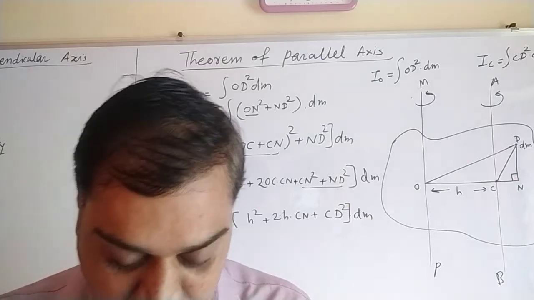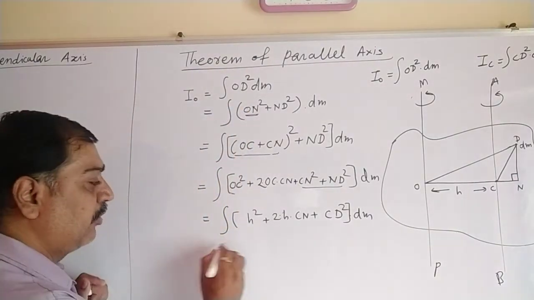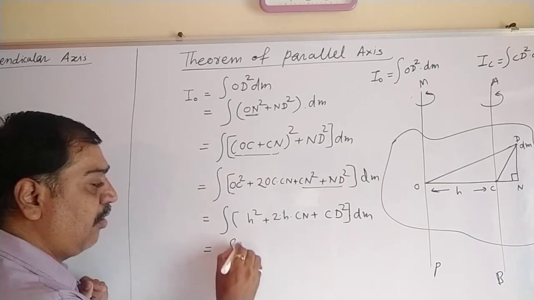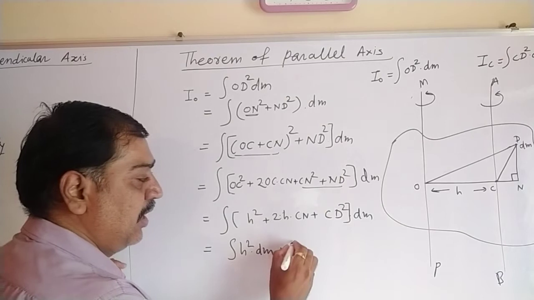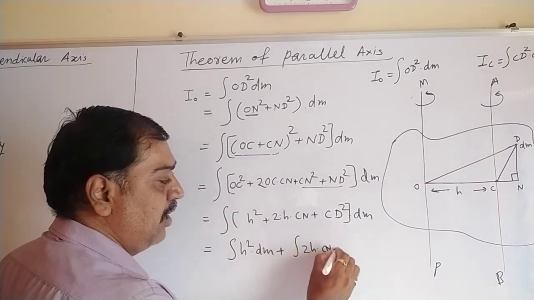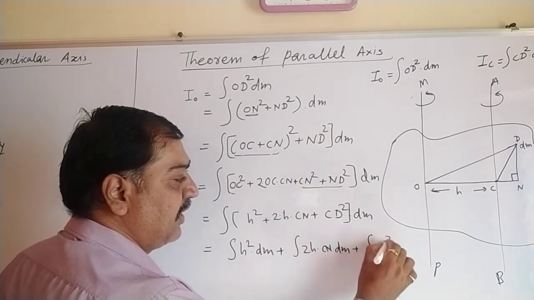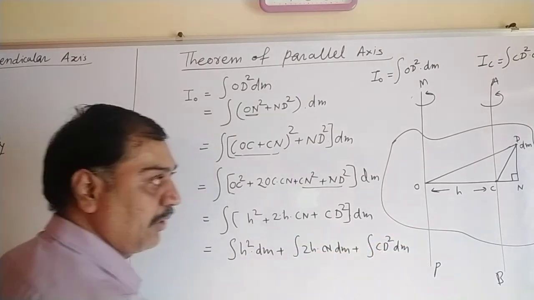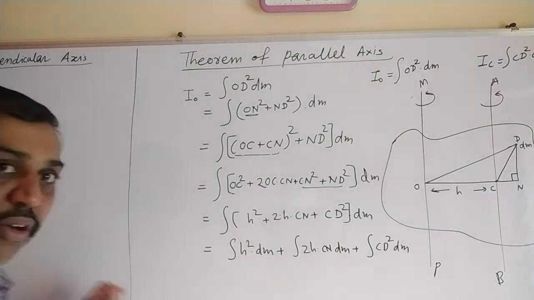Now in this case what should we do? Just separate the terms. So here it is integration of h square dm plus integration of twice h into CN dm plus integration of CD square dm. We have separated the integration for each term. Now take the constant outside.